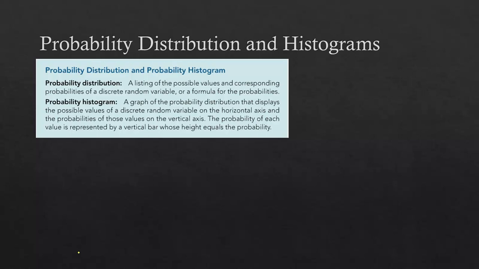Now it's important for you to note that with the histogram, we did relative frequency histograms earlier. This is going to be very similar to that, because remember, we can equate relative frequency to probability. So just like each of the bars represented relative frequency when we did that earlier in the semester, each of the bars here will represent probability instead of relative frequency.